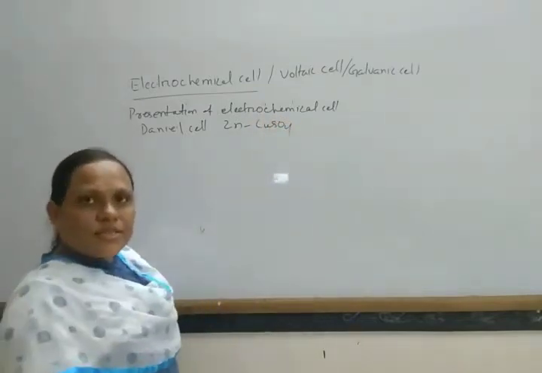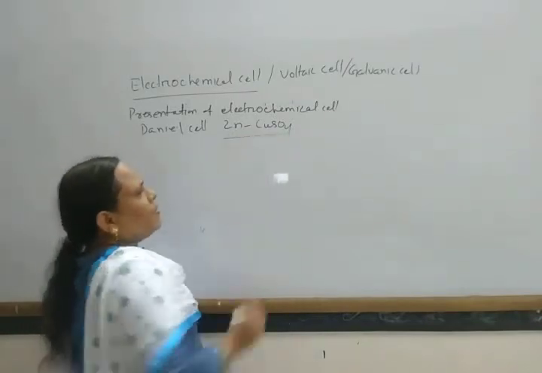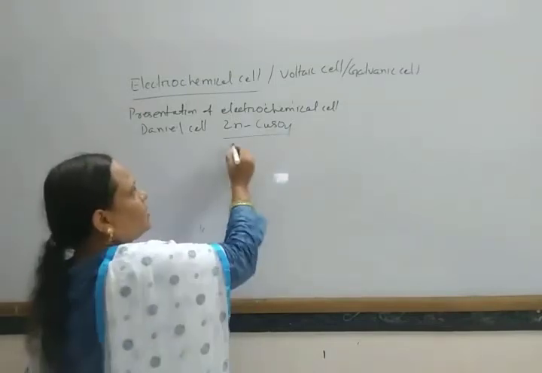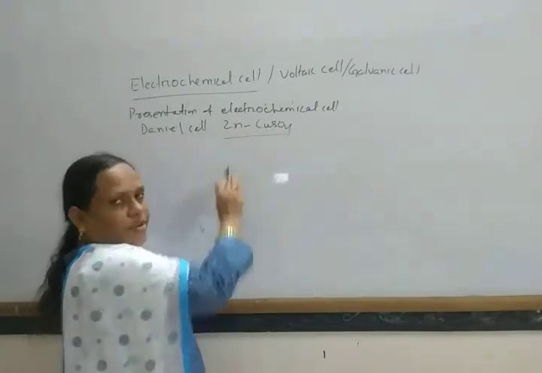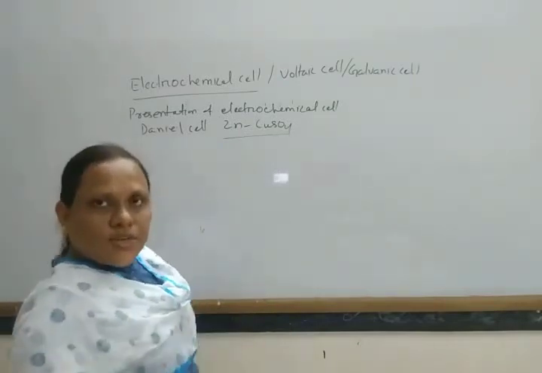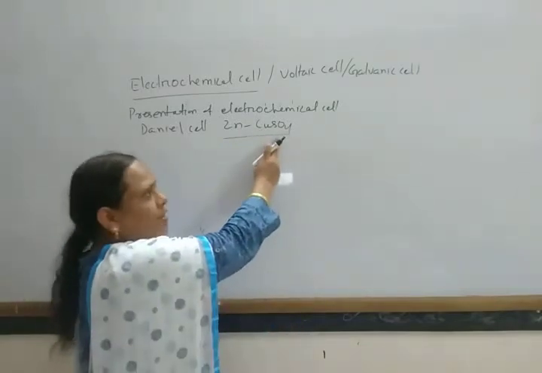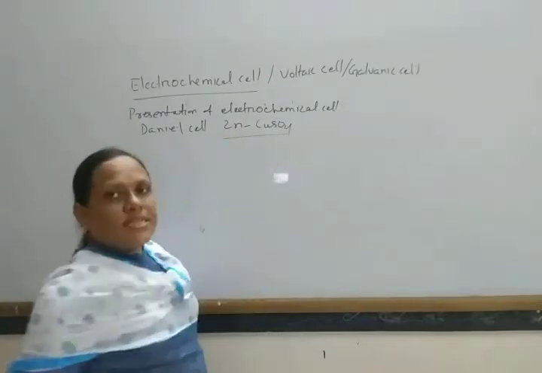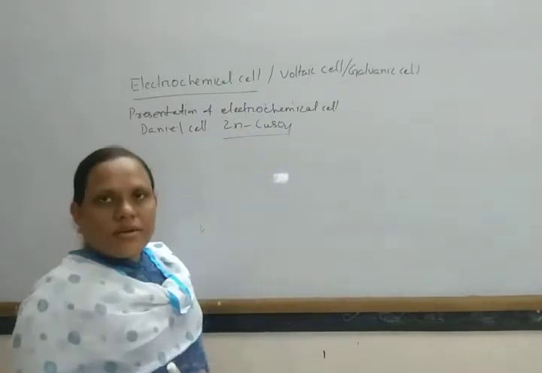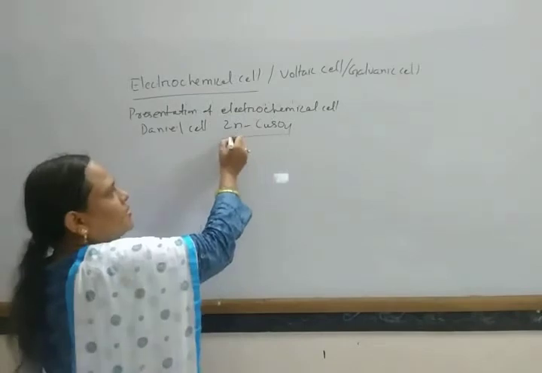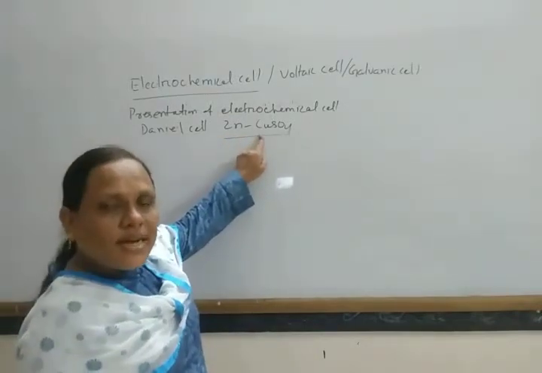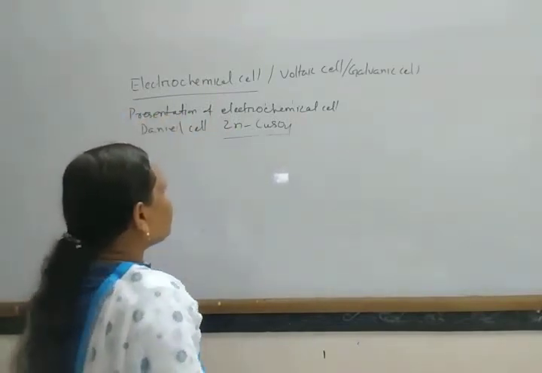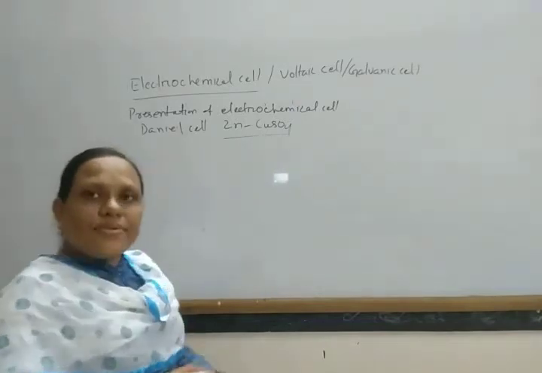In the zinc copper sulfate system, the half cell where oxidation takes place is written in atomic form, and the half cell where reduction takes place is generally written in ionic form. From the zinc copper sulfate system we know that in zinc oxidation takes place and in copper reduction takes place. So this is represented as the anode and this is represented as the cathode. So how to represent the electrochemical cell? For representation of an electrochemical cell, the two half cells are written.